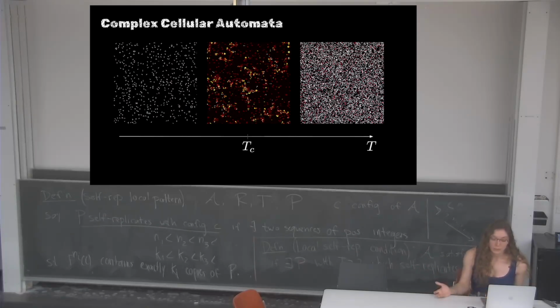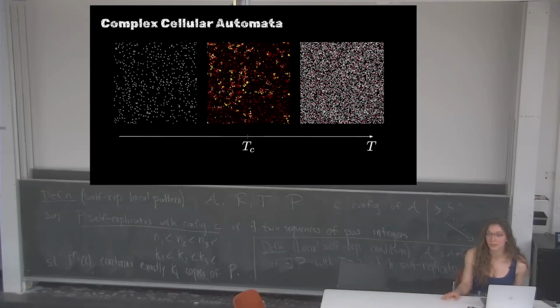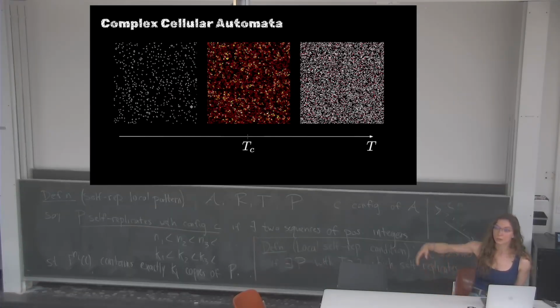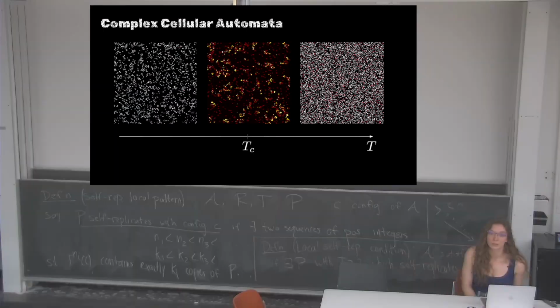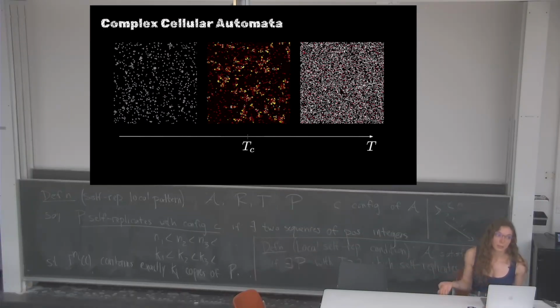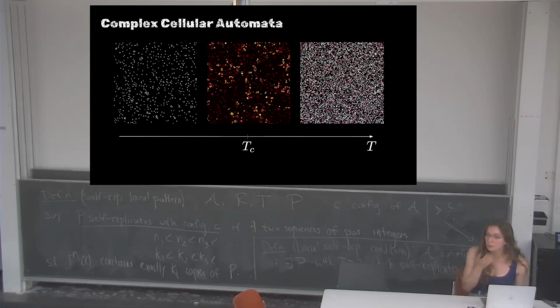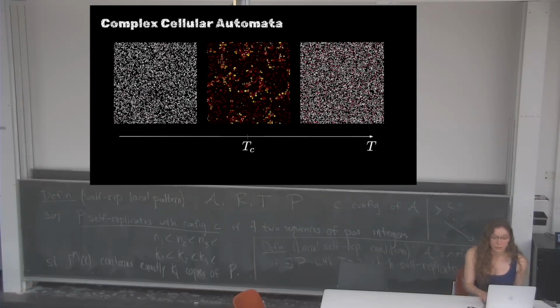So the question is, if you're a statistical physicist, can we introduce some kind of parameterization of the space of cellular automata with some kind of temperature, which would allow us to study some critical values of this temperature where the interesting behavior can happen.